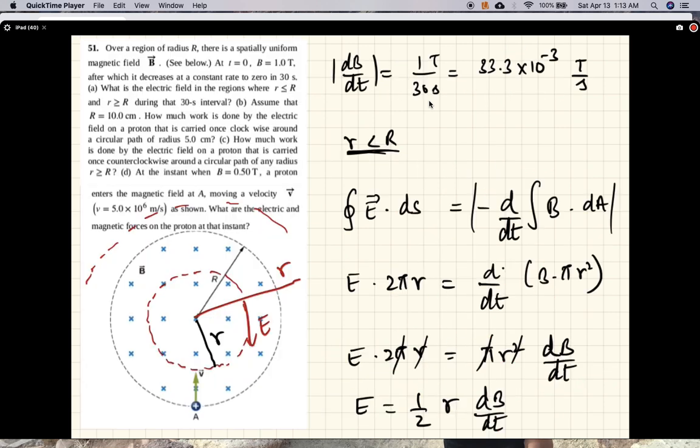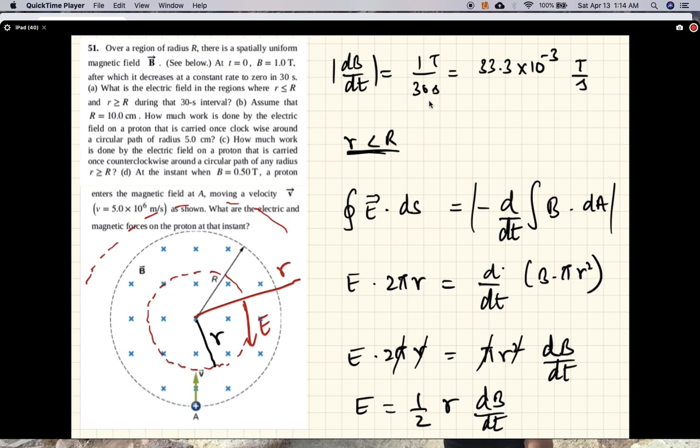Okay, part D is: at the instant when B is 0.5 Tesla, a proton enters the magnetic field at A, moving at a velocity of 5 times 10 to the 6 meters per second.